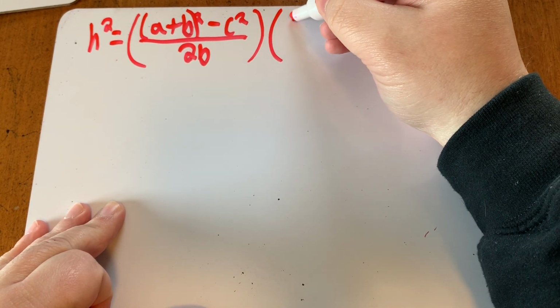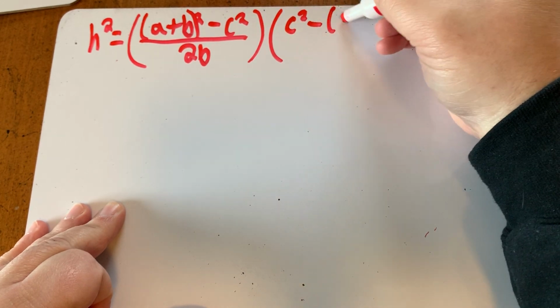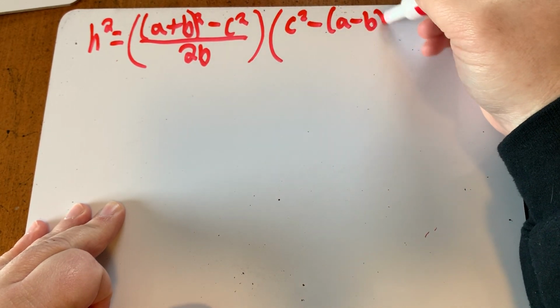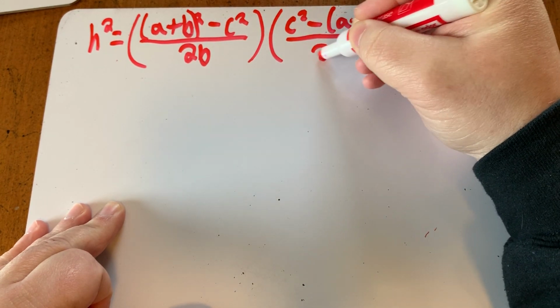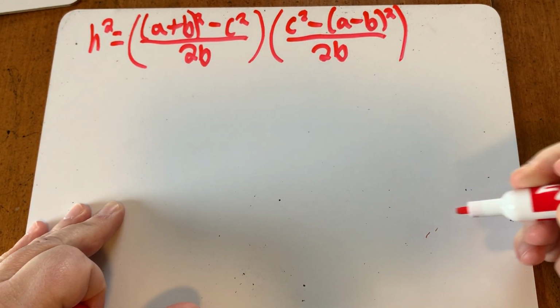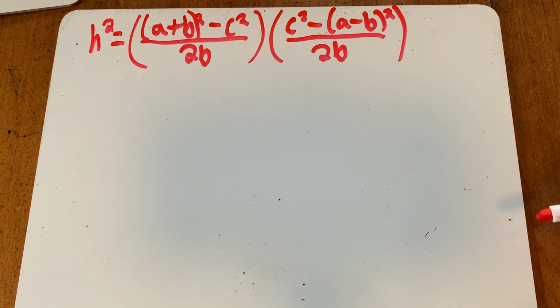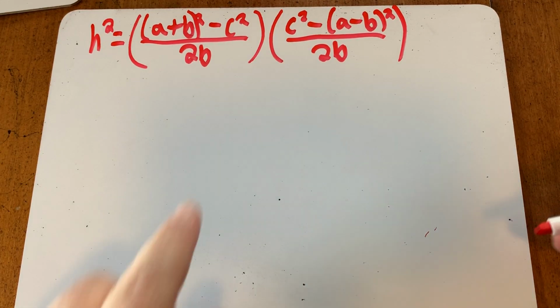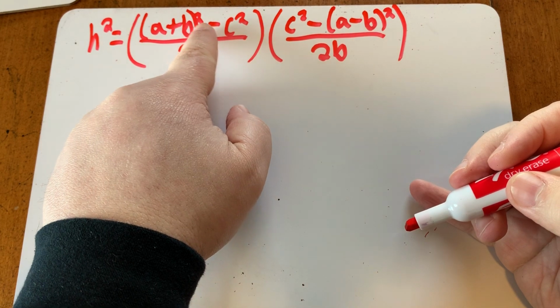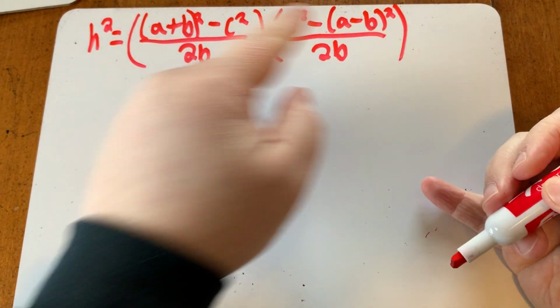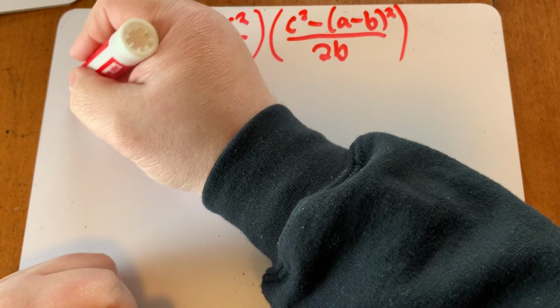But if we switch those around, c squared minus (a minus b) squared over 2b, we have that. Wait a minute. That's a difference of two squares. A difference of two squares we can keep factoring.